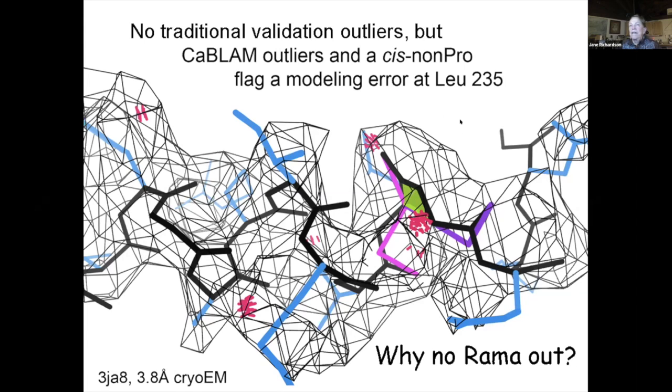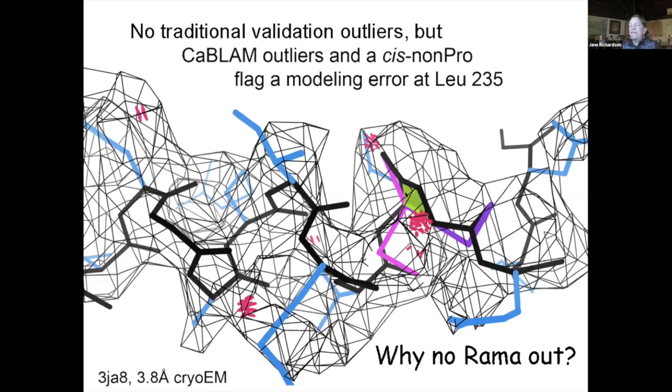So this is an example of a place where there are no traditional outliers. There are some clashes, which I guess is semi-traditional, but there's a kablam outlier, this magenta broken line, and the sort of lime green trapezoid inside this peptide shows that it's a cis non-proline peptide.